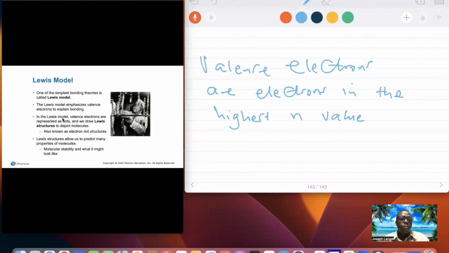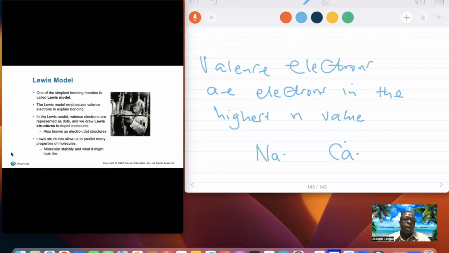In Lewis' model, valence electrons are represented as dots. For example, we'll see later on, group 1 will have one dot representing the valence electron. Group 2 will have two dots. We'll look at it later on. You don't pair them up until they are singly distributed around the atom.